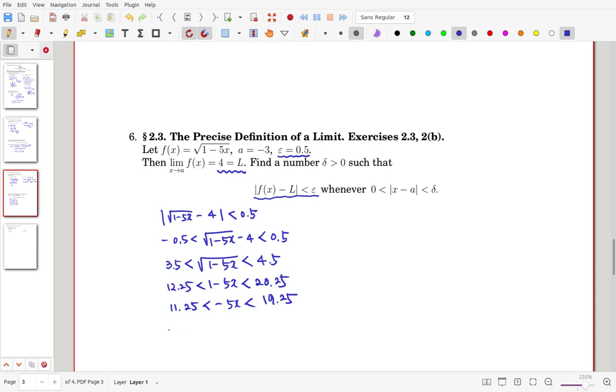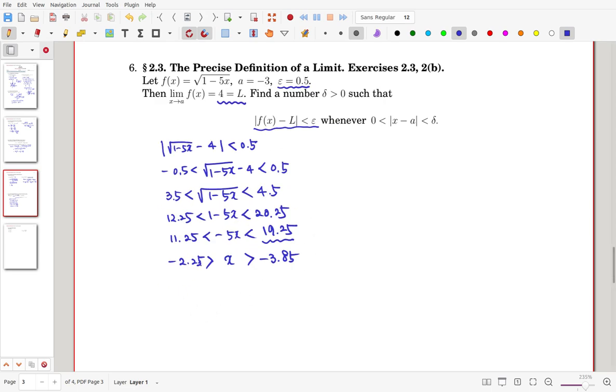Then the left-hand side divided by minus 5 gives minus 2.25, yes, I guess it's right, and the direction of the inequality is changed, and x is in the middle, and dividing the other side by minus 5 gives minus 3.85. Yes, we have that. Okay, so we have the upper bound and lower bound of x.